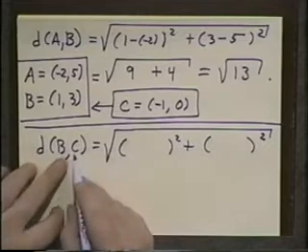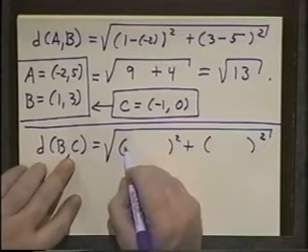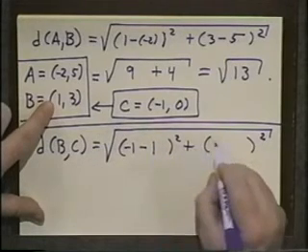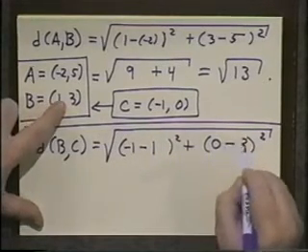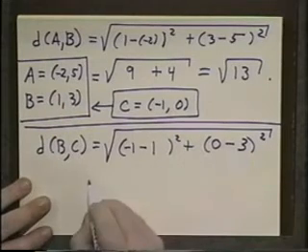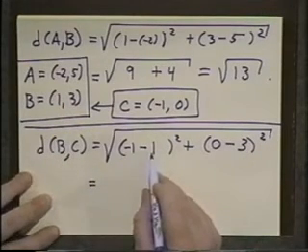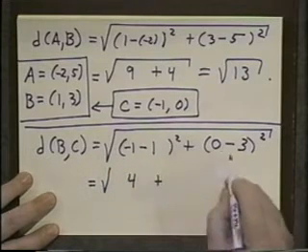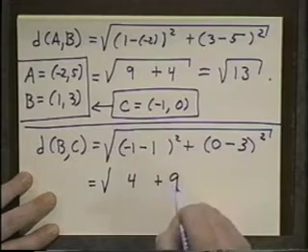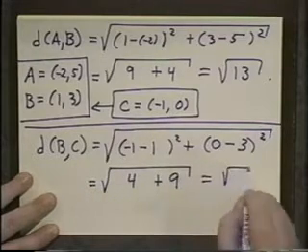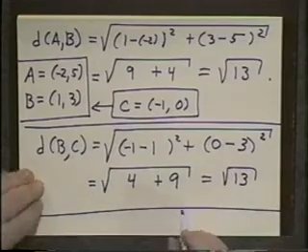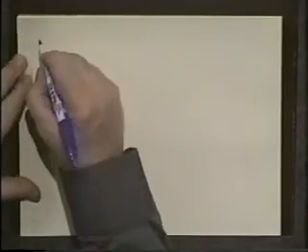In this case, considering C to be the second one, minus 1 minus 1, quantity squared, and then 0 minus 3, quantity squared. Well, minus 1 minus 1 is minus 2. Minus 2 squared is 4. Plus minus 3 squared is 9. Oh, look at that. It's also square root of 13. So I have 2 of the distances I need, and they are the same. That's hopeful.